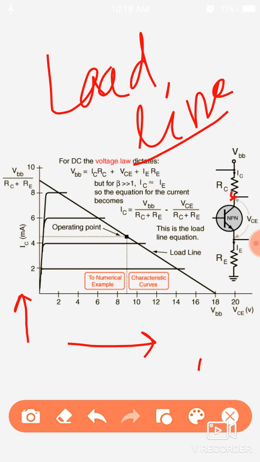Here we can see that from here we call point A and here we call this point B. This is a straight line. This is called the load line of a transistor. Here it is taken for this transistor, which is an NPN transistor.